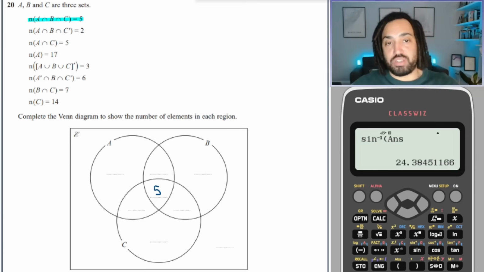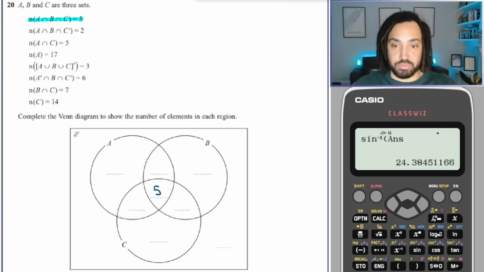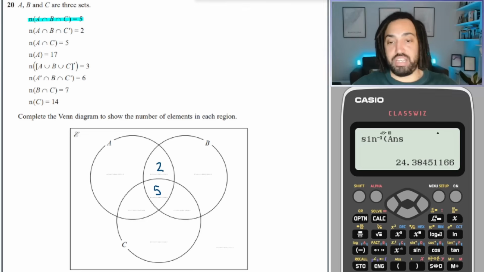Next one. The number of elements that intersect with A, B, and not C is 2. So that's this area here. The ones that are in A and B, and they're not in C. And then here we have the number of elements in A and C is 5.